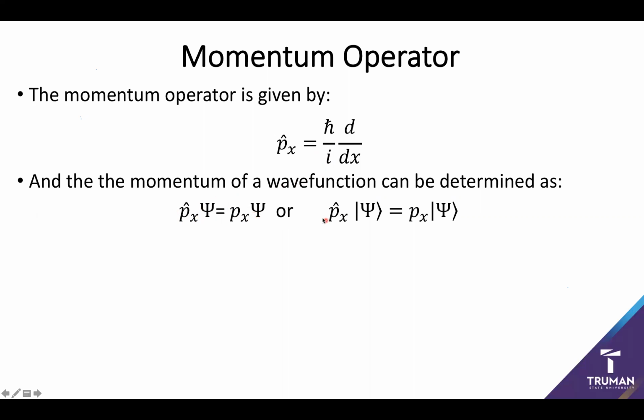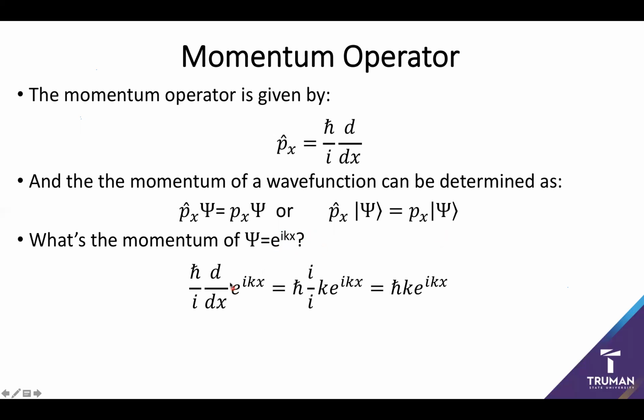And we can also give this in Dirac notation as applying the operator, get the eigenvalue, leave our wave function or ket unharmed. So we can actually apply this to some simple wave functions we've generated so far, like e to the ikx. So let's figure out what's going to be the momentum of e to the ikx.